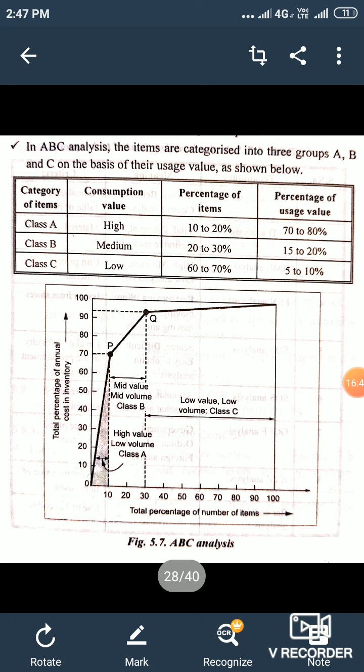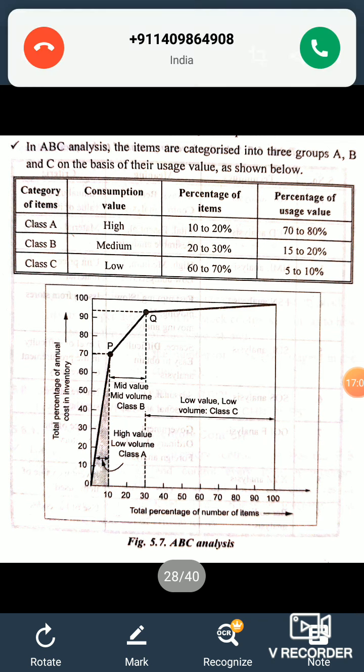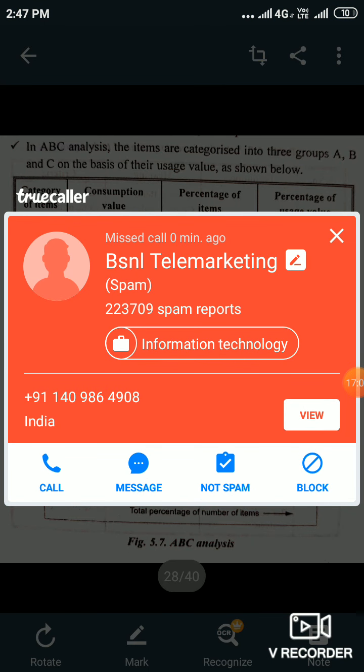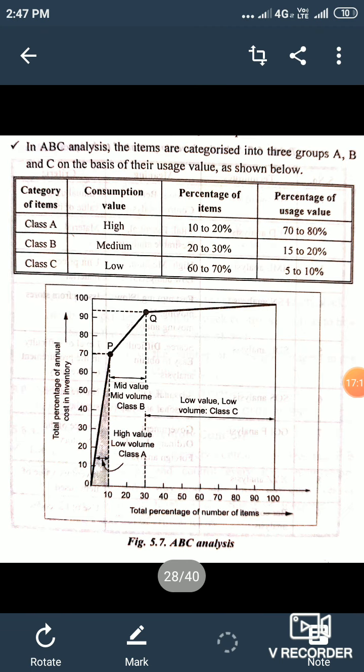The merits and demerits of ABC analysis. Merits: better material planning can be achieved by ABC analysis, and selective inventory control can be achieved.